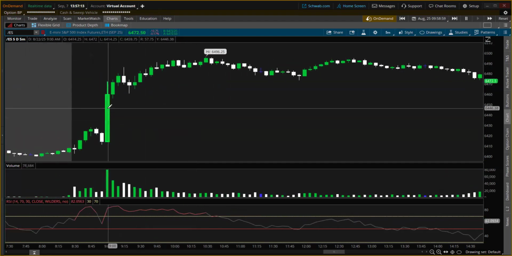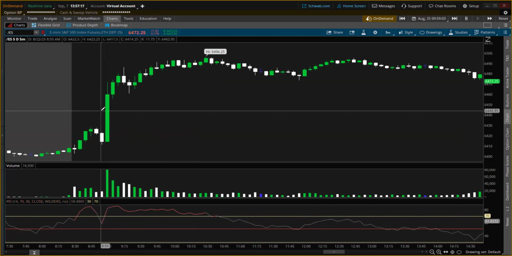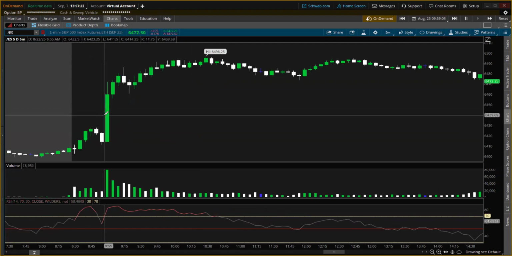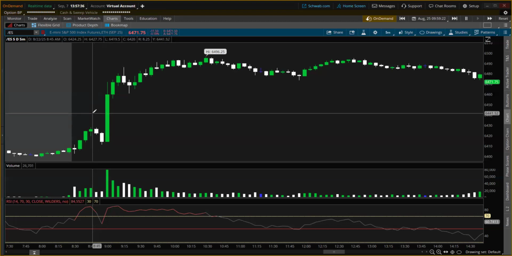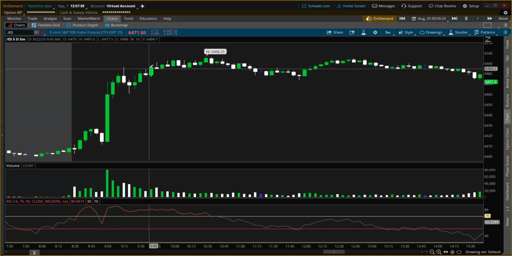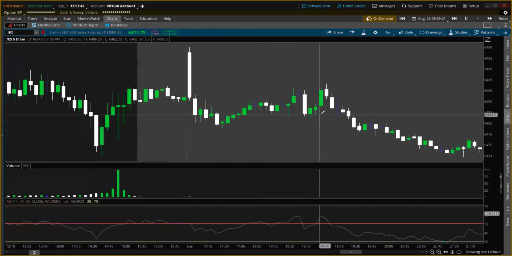Am I getting in a position where it's more likely to keep going in the direction that I choose? That is the bottom line simplicity of what we're doing here. Finding an area to get in where the price is going to continue to go in the direction that we chose. The market is either going to go up or it's going to go down. But we want to get in the areas where it's making a big move up, right?